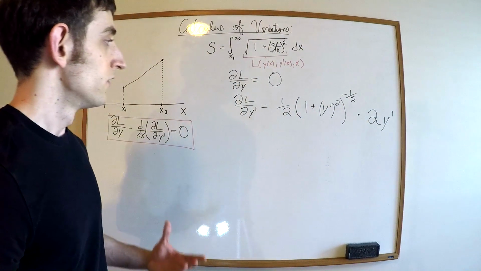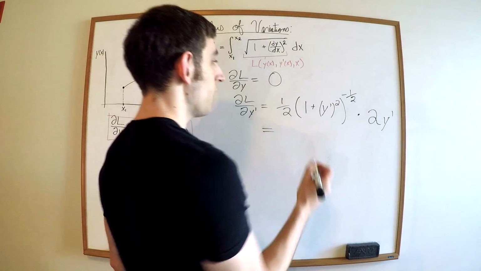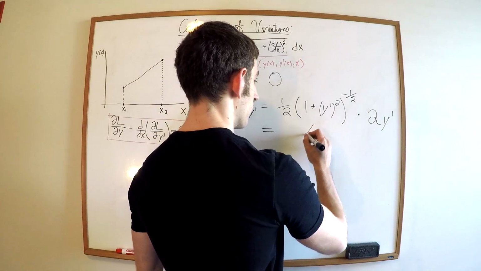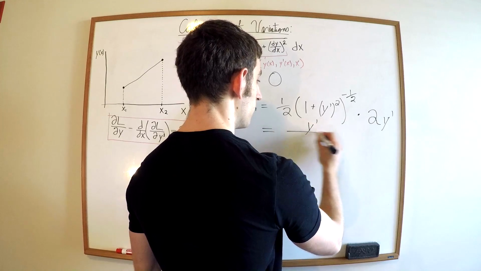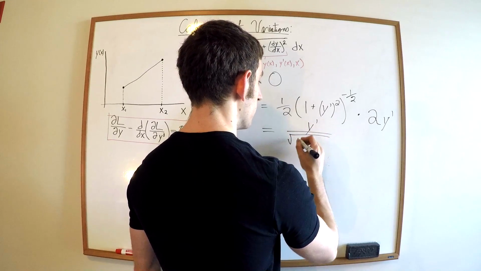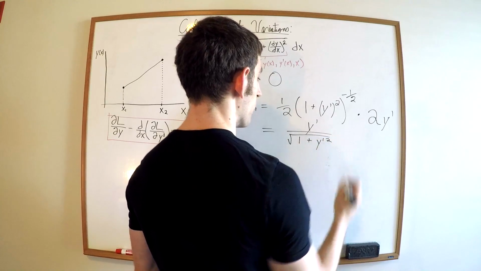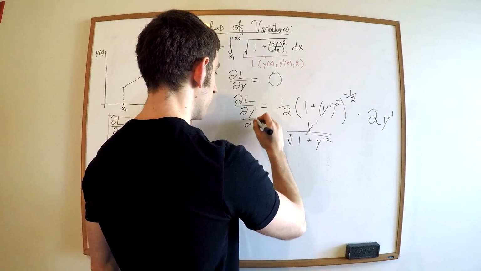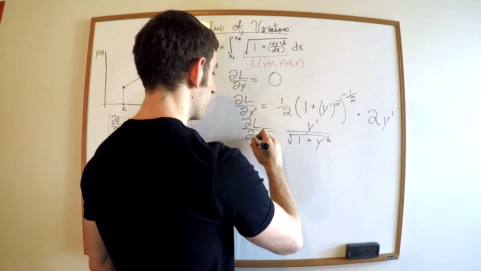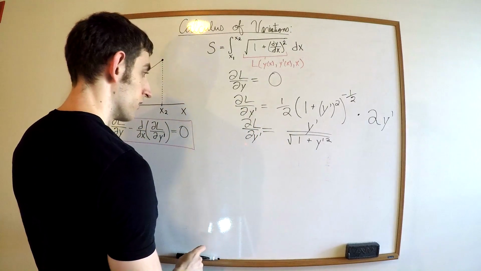Okay? So if we simplify that, we end up with y prime over the square root of 1 plus y prime squared. All right? So that's important.